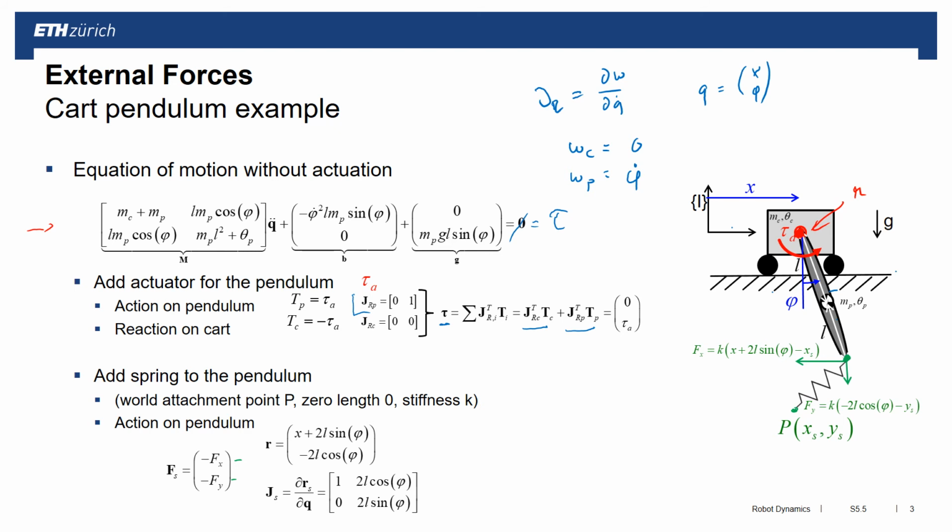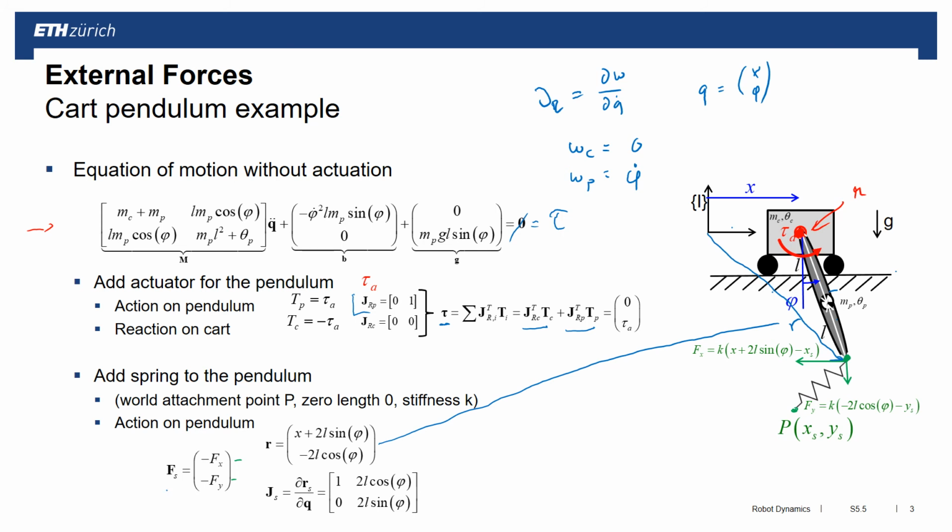So this is essentially, I draw this here in blue, my r. This is this vector. So we go by x and by 2l sine phi in x direction, and I go by minus 2l cosine phi in y direction. That means I can then also calculate the Jacobian for that one point.